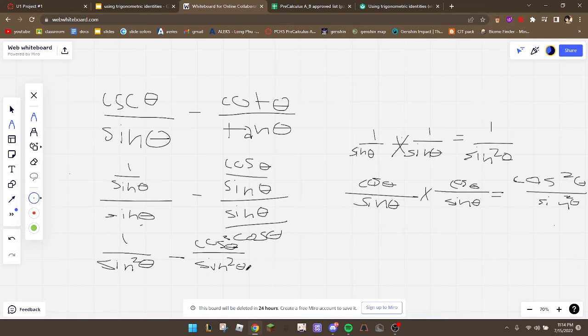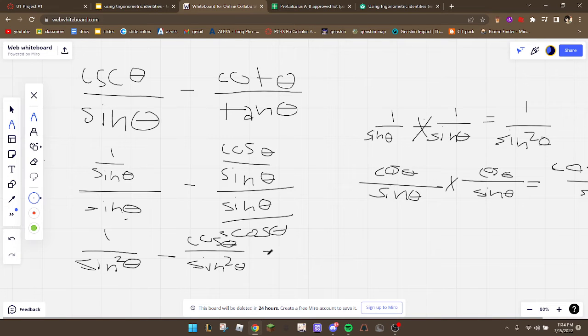Now we can actually subtract this. So let's do 1 subtract cosine squared theta. Oh, I forgot to write the 1. So that would be 1 subtract cosine squared theta over sine squared theta.